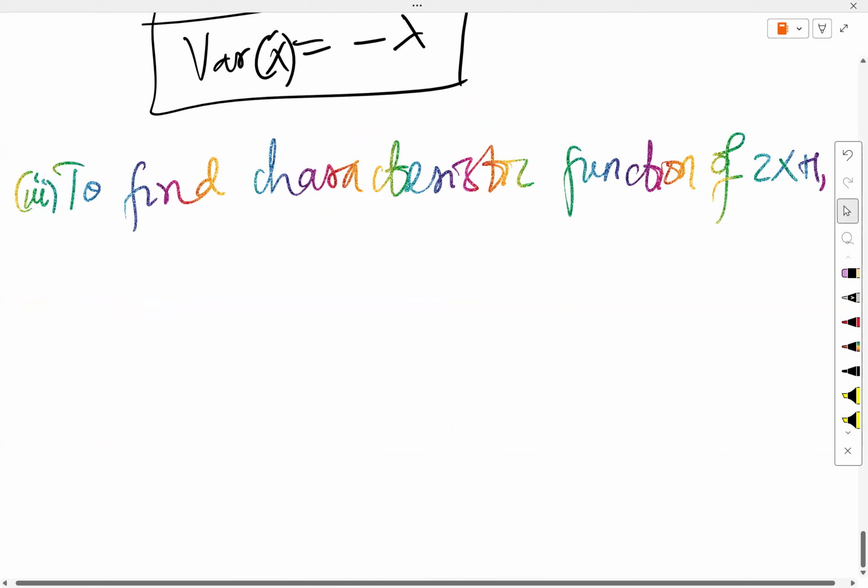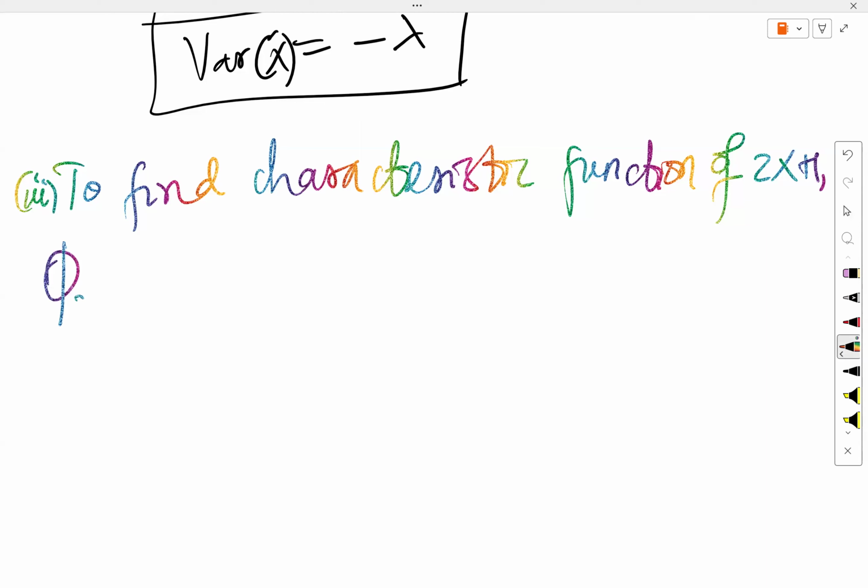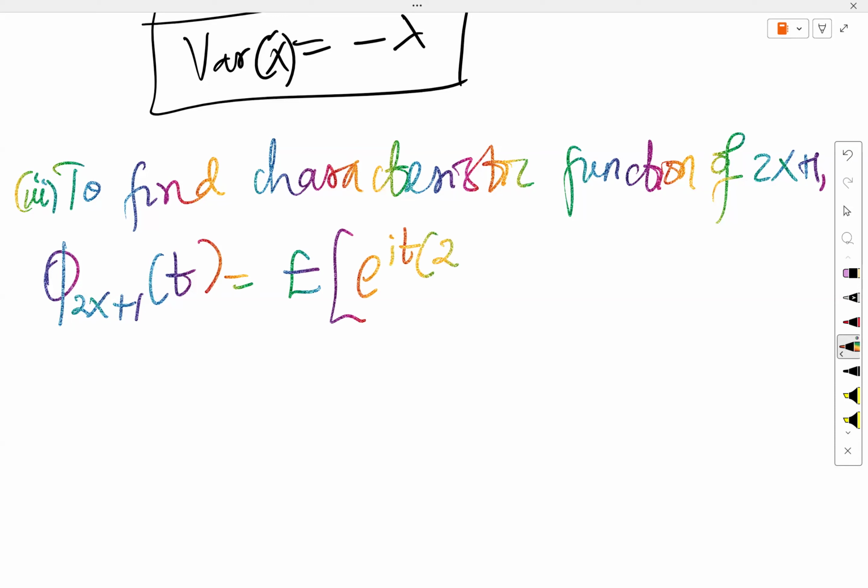So that will simply be us applying what we already have, because everything is deriving from what we previously have. So here it means we are looking for phi 2x plus 1 of t, which is the same thing as the expectation of, before you had e raised by itx, but instead of that x, now you have 2x plus 1 instead of itx.